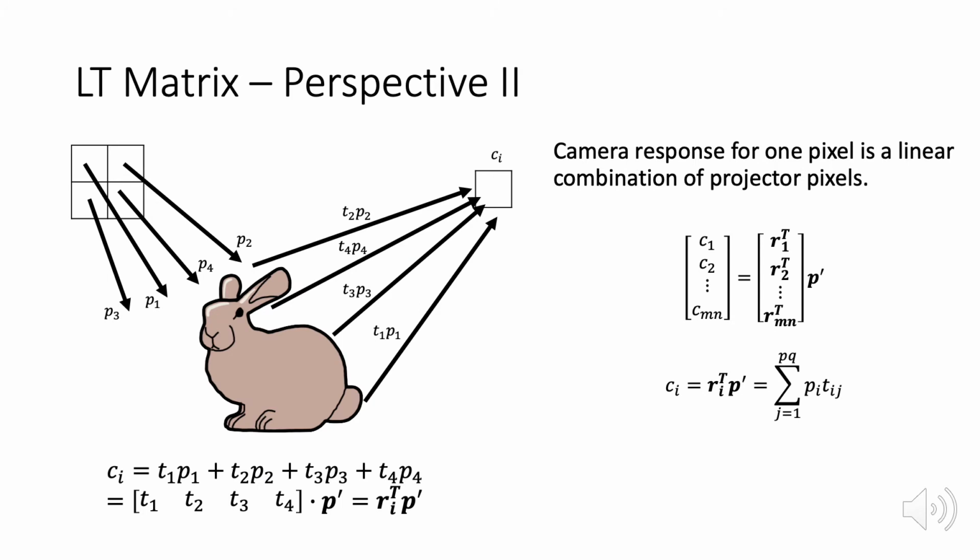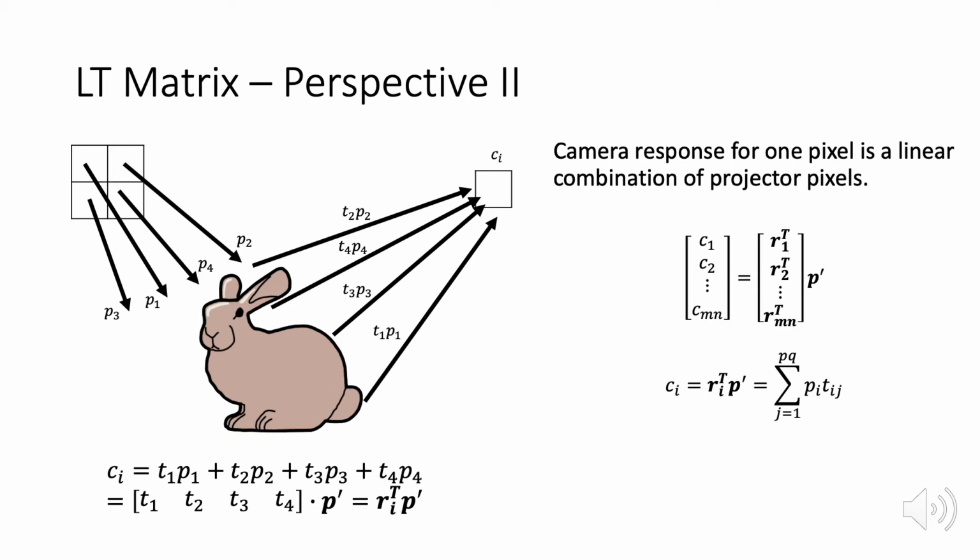For the second perspective, let's look into the rows of the light transport matrix. Consider one single pixel of the camera, which is affected by several or many projected pixels. Due to the linearity of light transport, its value should be a weighted sum of the projected pixels, where the weights are recorded in the rows of the light transport matrix.